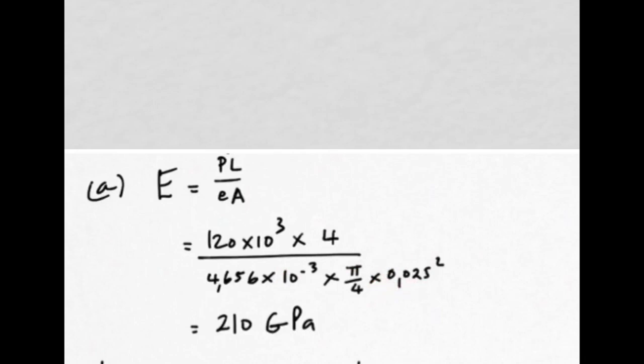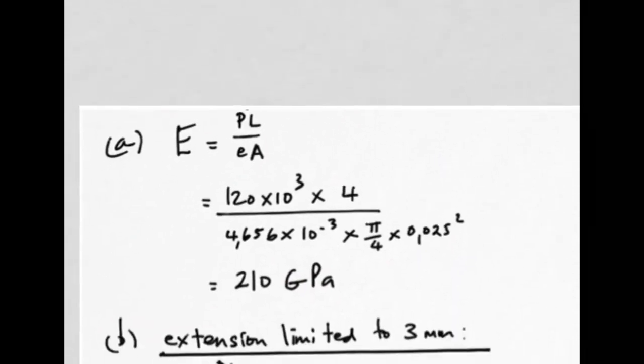Once again, expressing the dimension in meters. Plug that into your calculator and you'll get 210 times 10 to the 9, which is 210 gigapascals. Remember to use the E and G button on your calculator. So now we know that the E value for this particular material is 210 gigapascals.